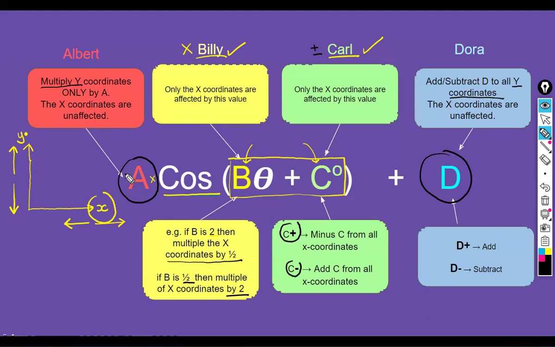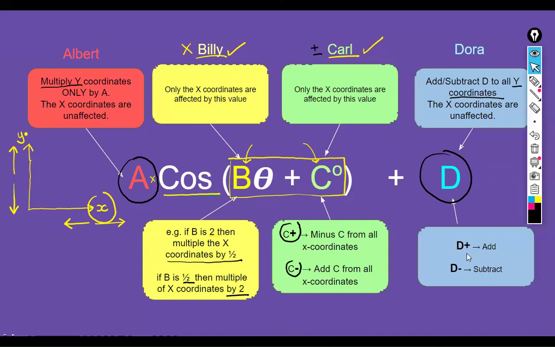You don't have to do the opposites. And if Dora is +10, you literally add 10. You don't do the opposite for that one. All right, so Albert and Dora are normal, and Billy and Carl are the opposites. Whatever they say, you have to do the opposite. So let's move on to the first question.